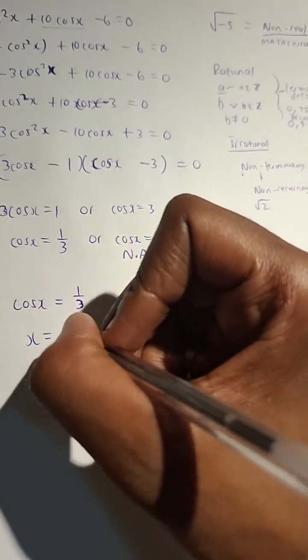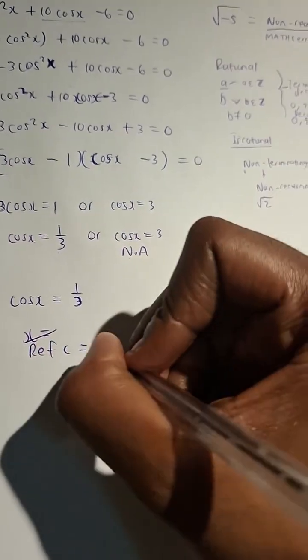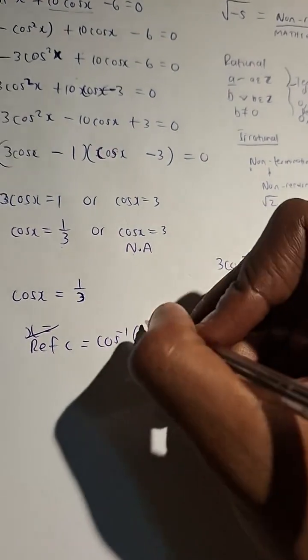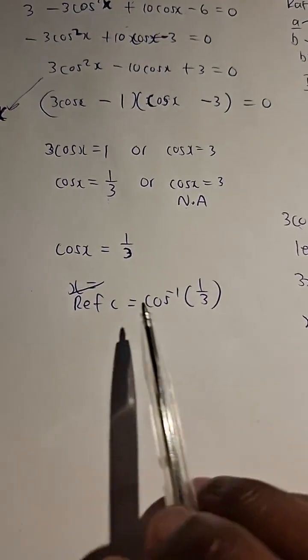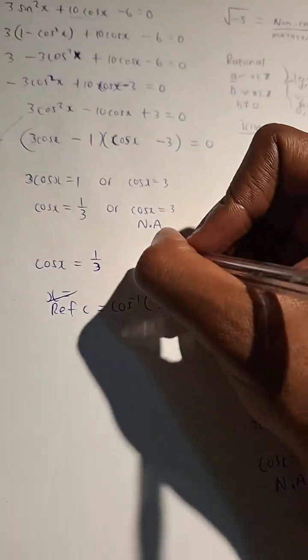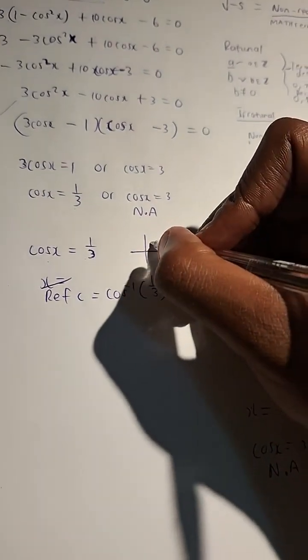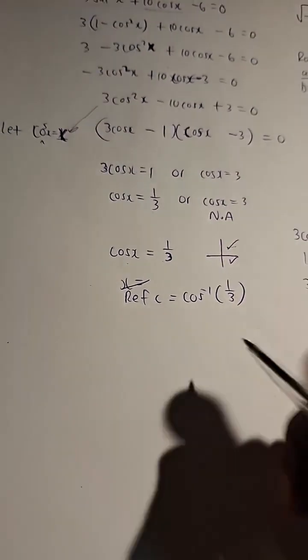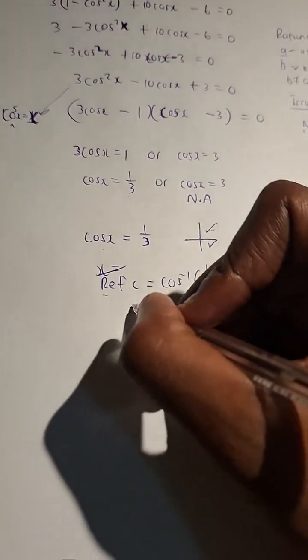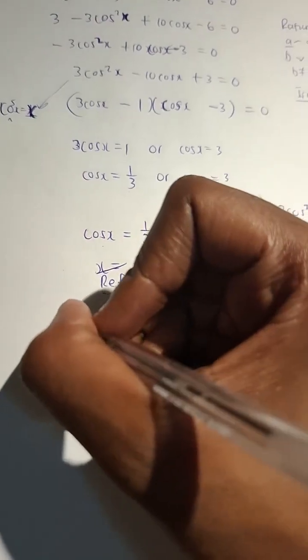X is equal to, then I use the reference angle, which is equal to the inverse of cos of 1 over 3. This is what we do, guys. We find the reference angle. We ask ourselves, where is cos positive? Cos is positive in the first and the fourth quadrant. Then the reference angle is the one that we are going to use for each quadrant.